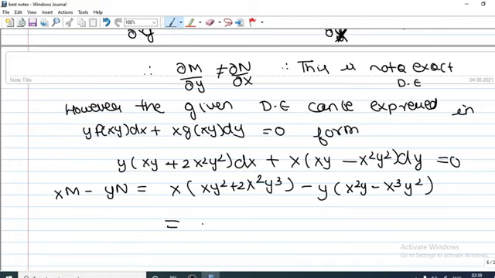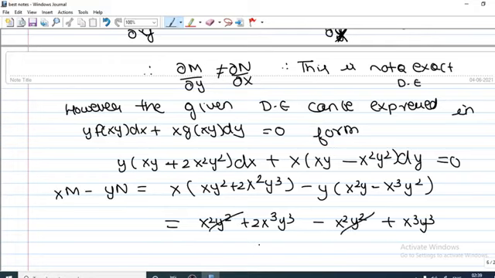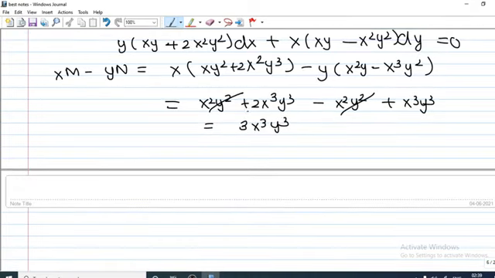If we further multiply, what do we have? x square y square, 2x cube y cube, minus x square y square plus x cube y cube. What you can see is that this and this will cancel out. You will be left with 3x cube y cube, which is not equal to 0.